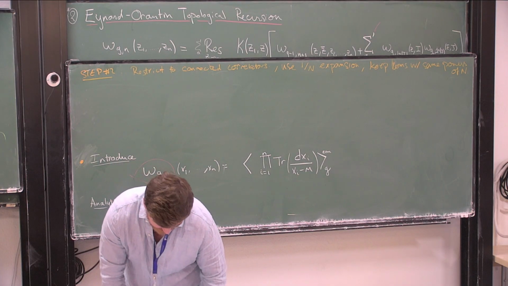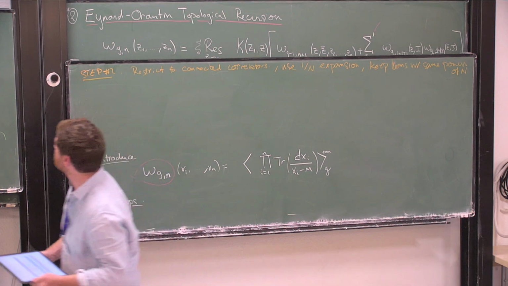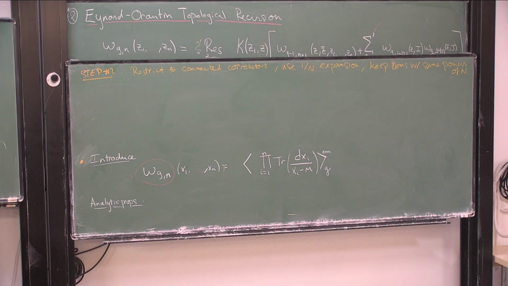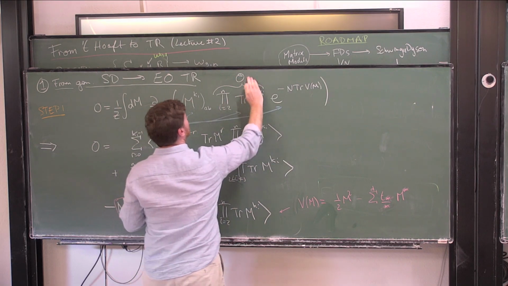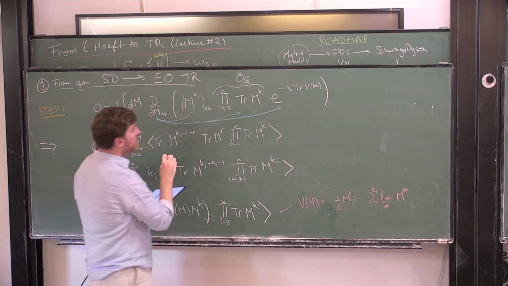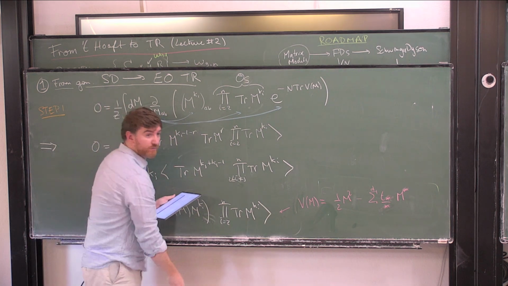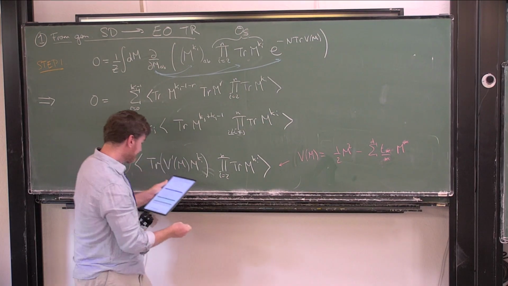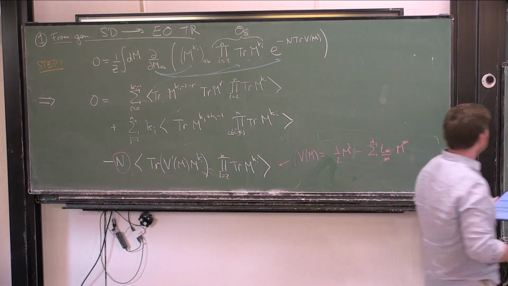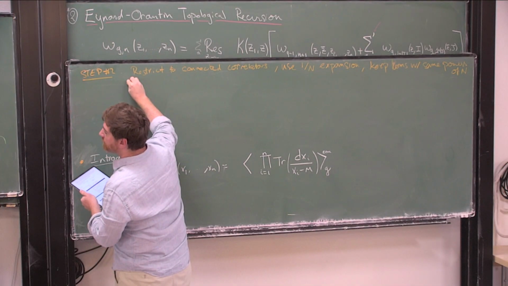You know what? Let's make this also a little simpler, just to make notation a little easier. So I'm just going to call this, for a second, OS. It's just these other traces that are hanging around.